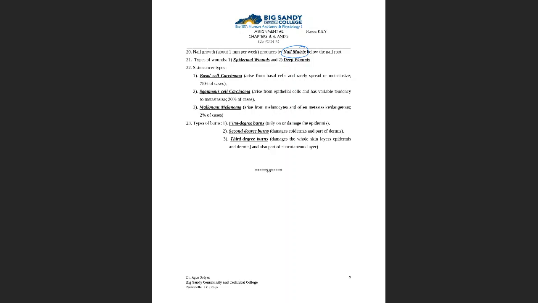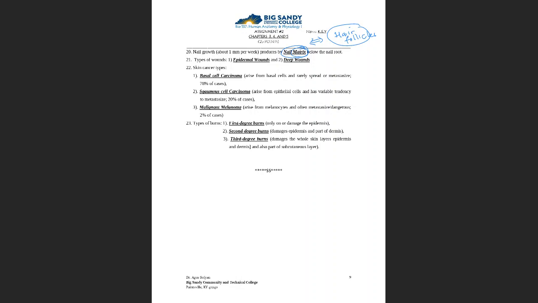This group of cells is called the nail matrix. So you have to remember this: nail matrix for nail. For the hair, the cells that keep dividing are called the hair follicle. These 2 pieces of information are really important for your exam. So the nail matrix is for growing nail, the hair follicle is for growing hair.